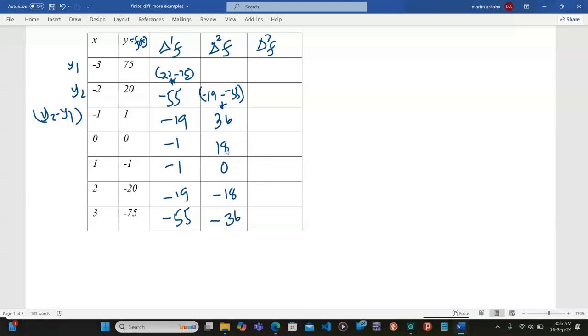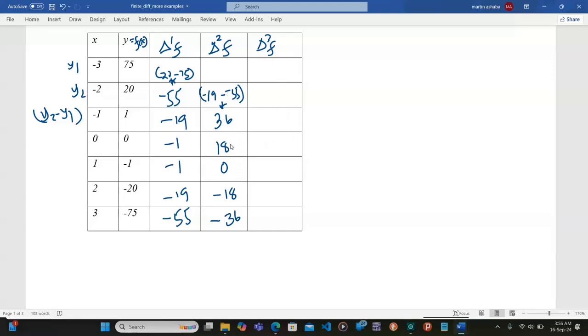Then I proceed. Why do I proceed? It's the fact that if I get the differences and they are not constants, I keep proceeding until a time when all the values under the difference column are constant.